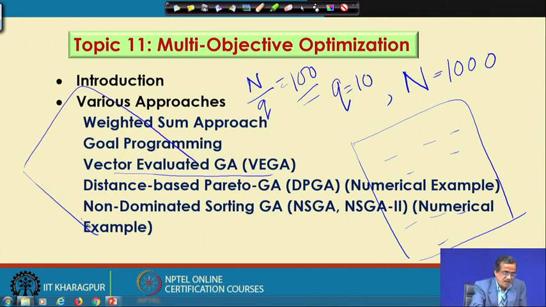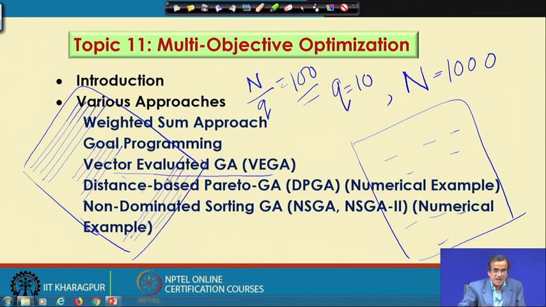We create the first subpopulation of N by q corresponding only to the first objective function. So, we concentrate only on the first objective function, we get one subpopulation. Next, we concentrate on the second objective function, we get another subpopulation, and so on until the last objective function, we get another subpopulation.